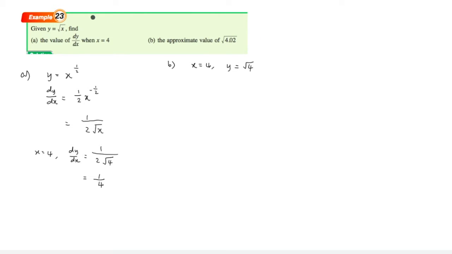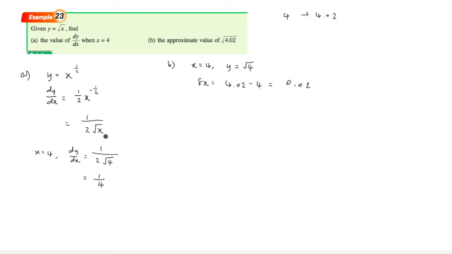Therefore, x changes from 4 to 4.02. So your delta x equals the after one minus the before one, 4.02 minus 4 equals 0.02. Okay, and dy/dx equals 1 over 4.